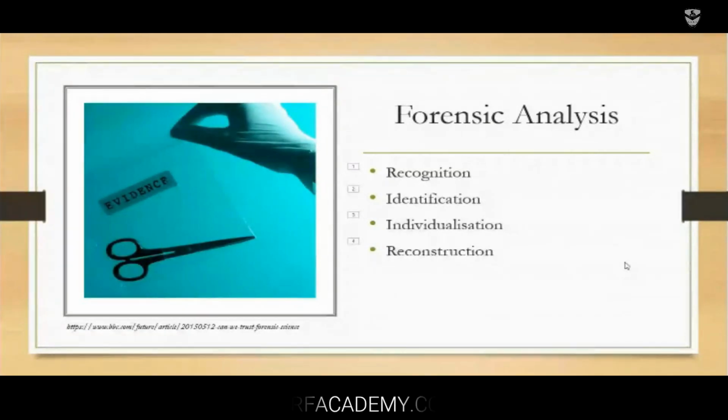Once you recognize the sample, you identify the sample. There are multiple sub steps under each process, but these are the four main steps you use in a forensic analysis. So you identify the various forms of evidences.